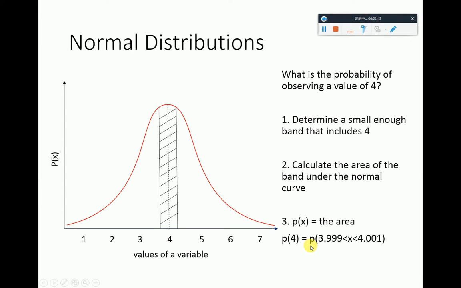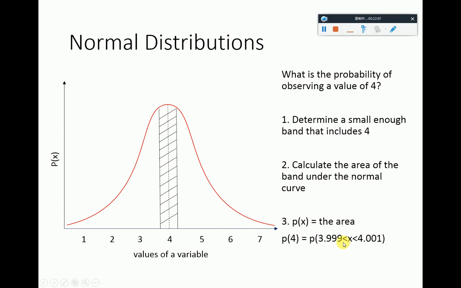So to go back to our example, under this distribution, or any continuous distribution, the probability of observing 4 is made to equal the probability of finding any value that's within this very, very small range.